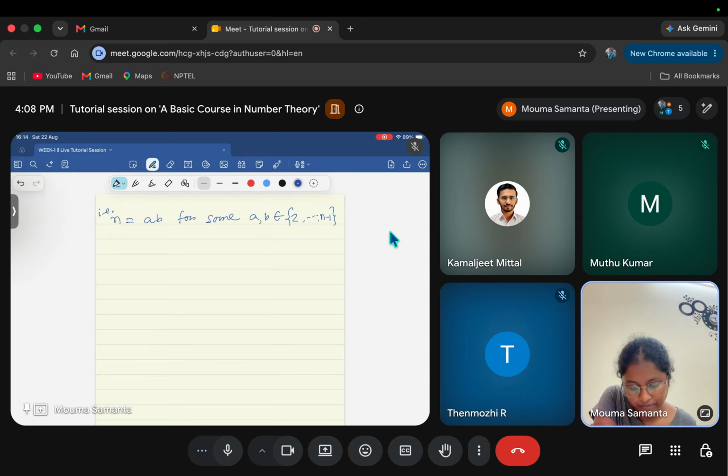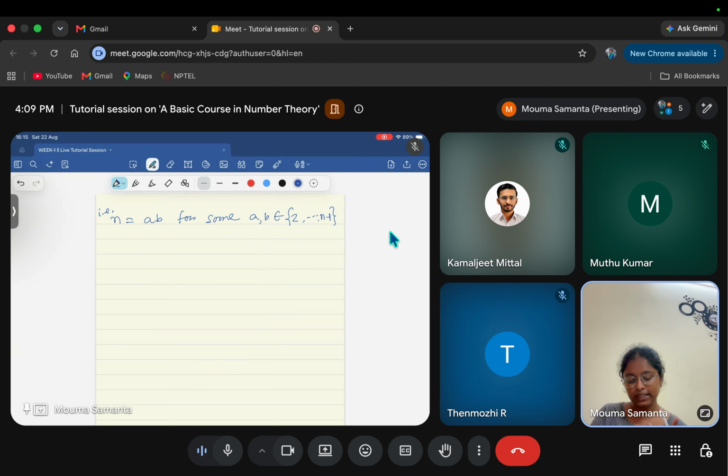So we just take the set consisting of the integers 2 up to n minus 1 where a and b lie.